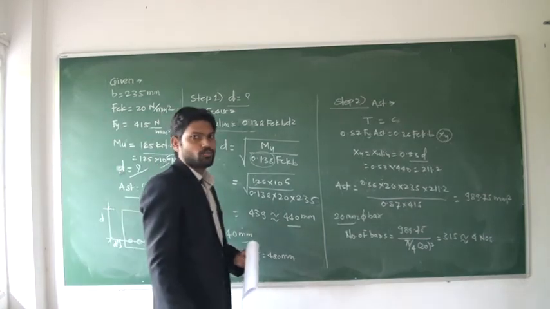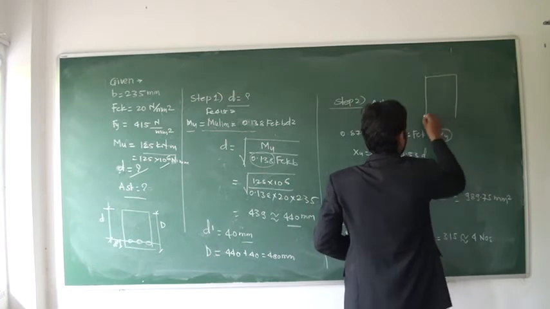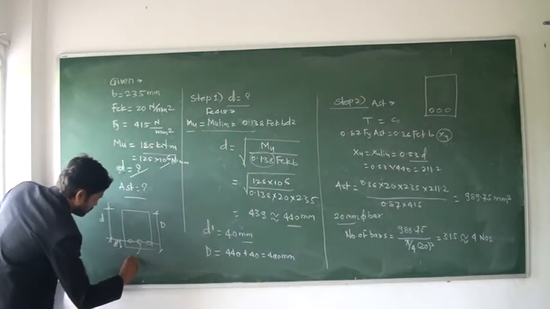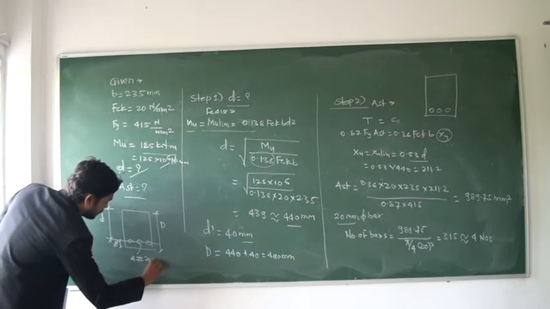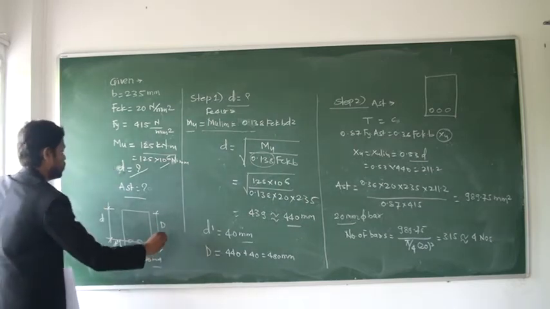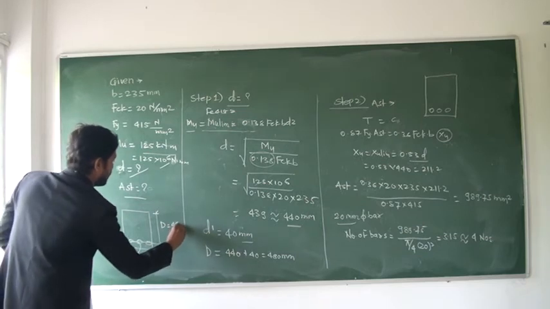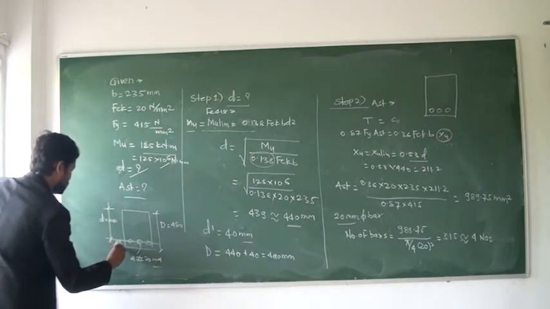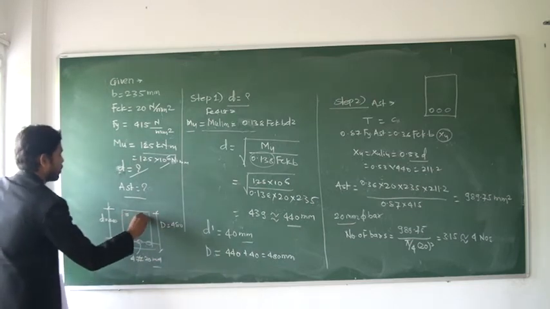Okay? If they ask you to draw the sketch of the cross section, you have to draw the sketch. Here also you can add 4 bars of 20 mm diameter. The depth you have to mention as 480, then this is 440, this is 40, and 2 anchor bars at the top.